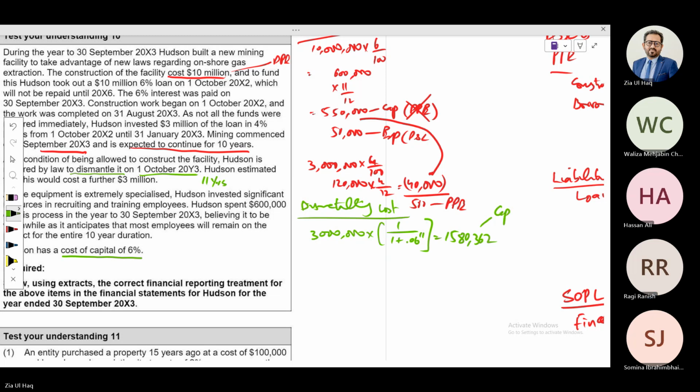But we need to calculate interest for the current year expense on this amount. So 1,580,362 into 6%. What is that? 94,822. This should be recorded as interest in P&L. And by adding both these values, we need to record the liability.